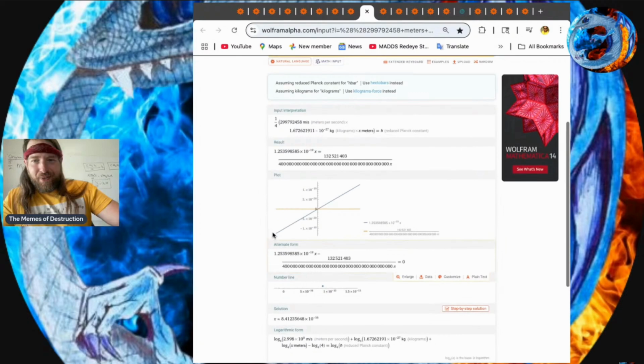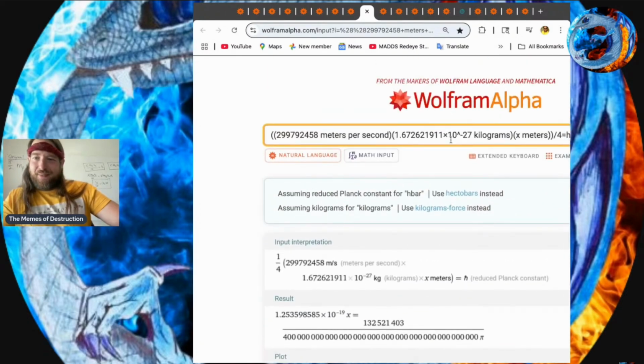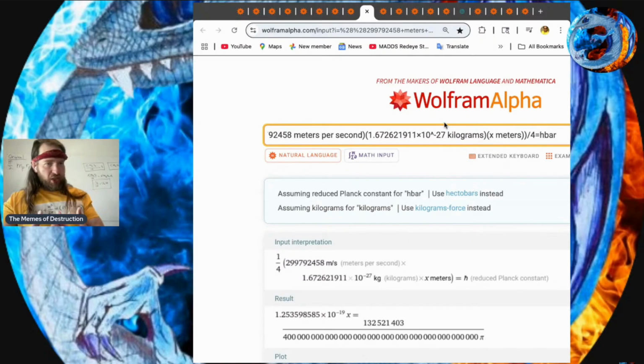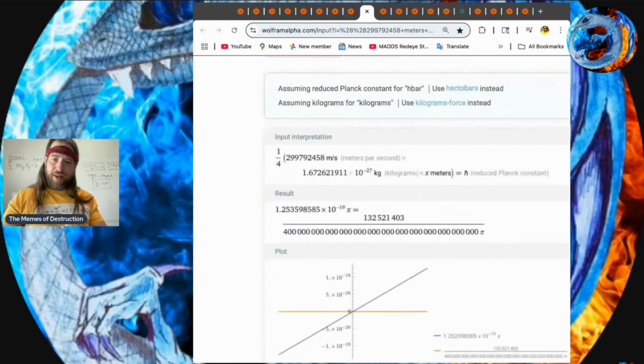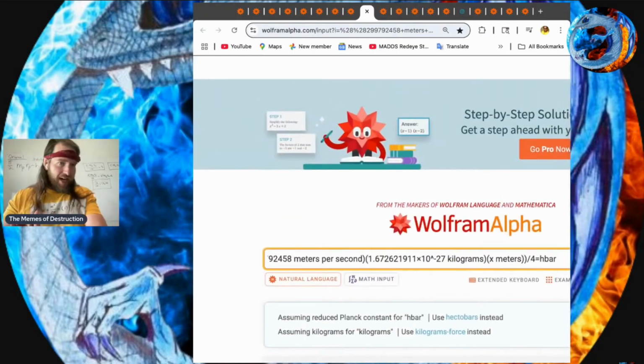Okay, so this is basically applying the same thing. So this is the mass of the proton in kilograms. This is the speed of light in meters per second. And then we're solving for x, because hbar is the elementary unit of action. Its dimensions are mass times an area divided by time.